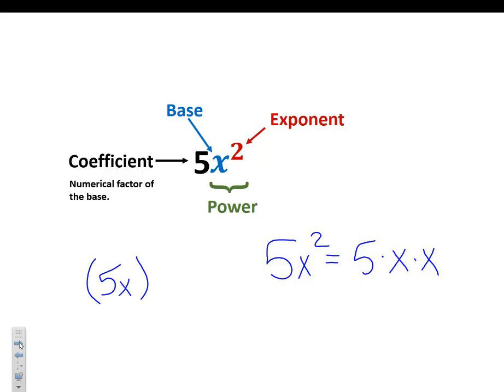That means I'm including all of that with a power of 2, and this right here would be 5 times x times x. The other way to do it would be to write the exponent on each one and go 5 squared x squared. That also would be equal to 5 times x times x. All right? Go ahead and write down any of that, and we're going to get busy with some examples.